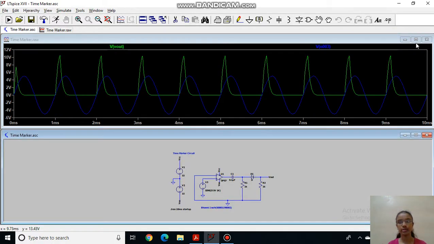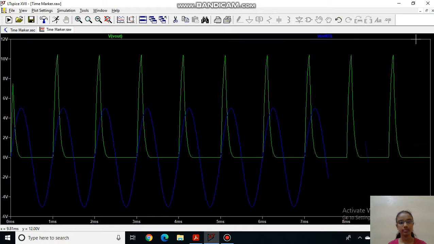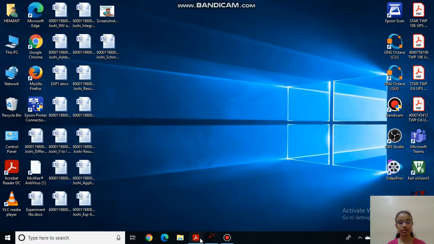So this is my output waveform. As you can see, this is my input voltage, which is sine wave, and as an output of time marker circuit, I am getting positive spikes. So in this way, third part is done.